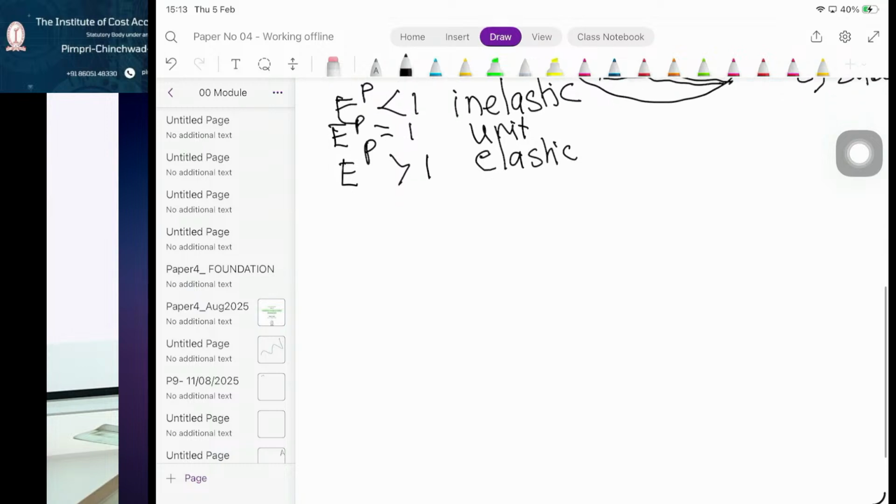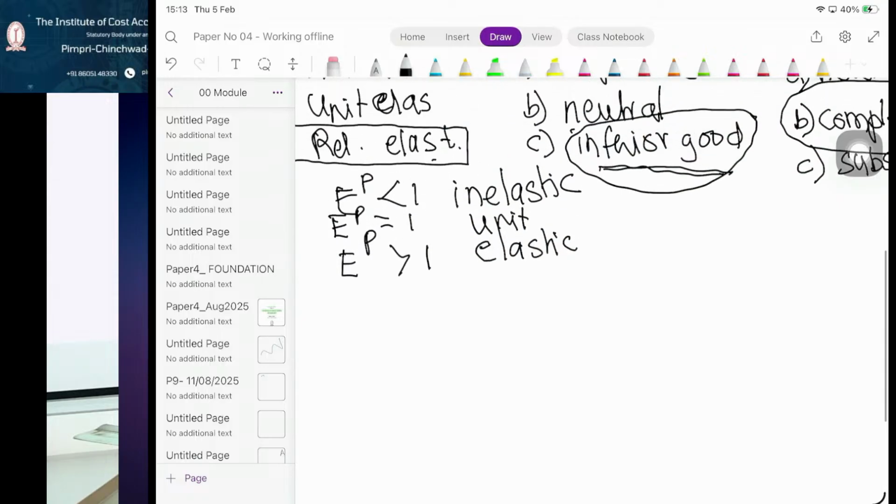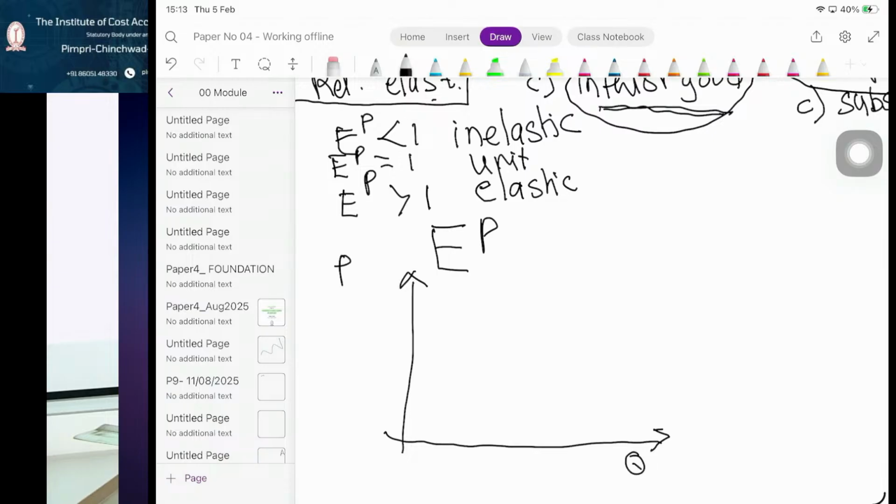Before I proceed, another way in which you can recall the price elasticity of demand is by the following diagram. If you draw price and quantity, let me draw a diagram like this.